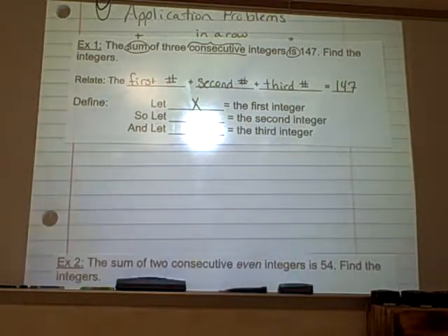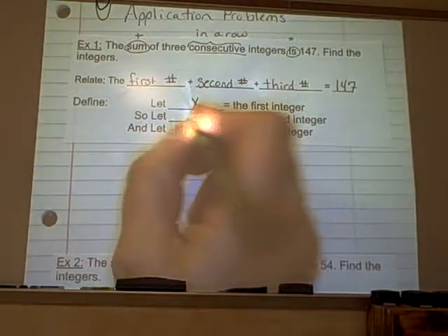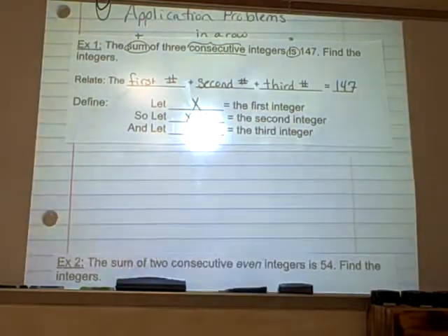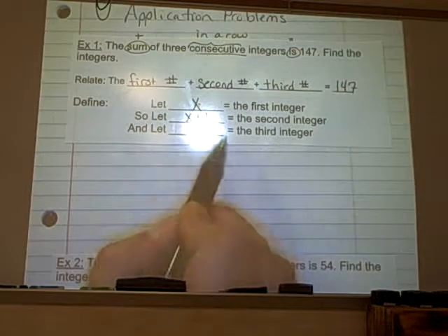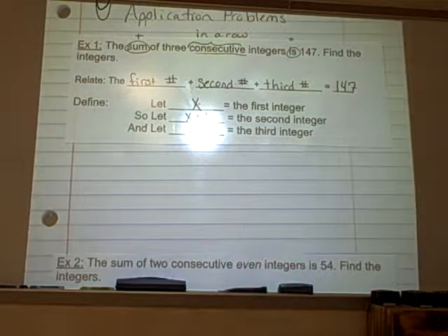If I'm at 2 and I need to get to 3, what am I adding? 1. If I'm at 3 and I need to get to 4, what am I adding? 1. So we're adding 1 to get to the second integer. What if I wanted to go all the way from the first integer to the third integer? What would I add? 2. Because to go from 1 to 3, I would have to add 2.